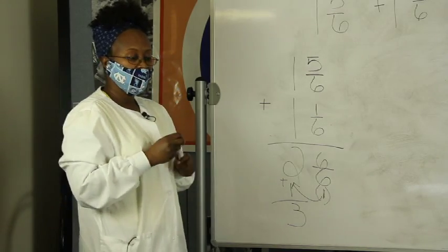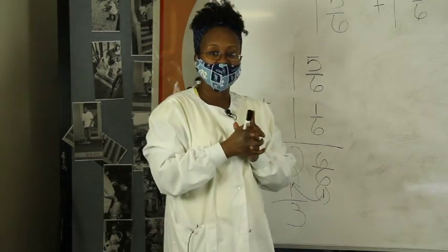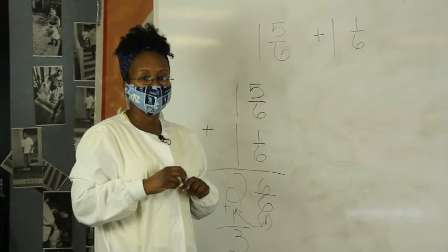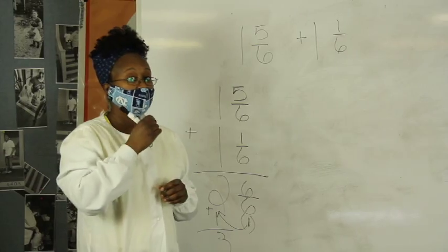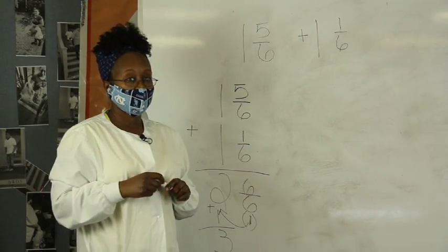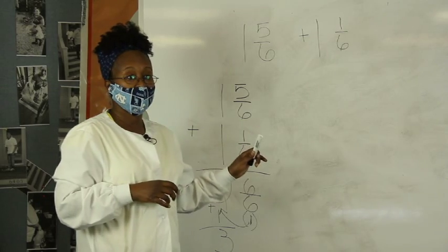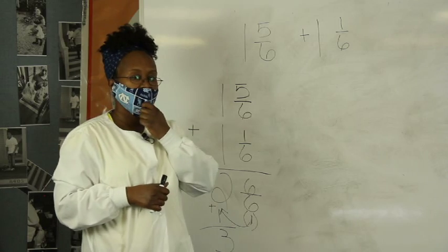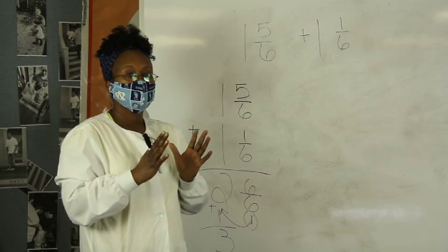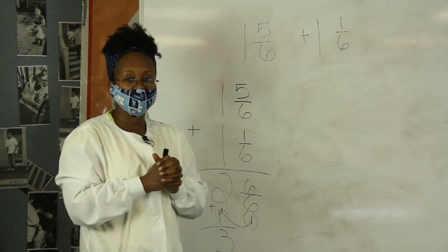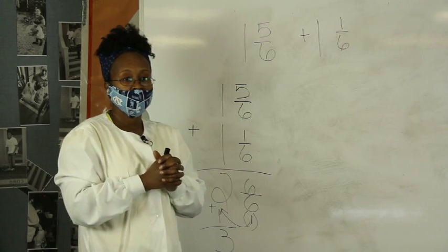Well, I hope that you got a lot out of this segment of adding fractions, and that you might try and do a few subtraction problems with like denominators. I think you'll do quite well if you really got the hang of it, okay?